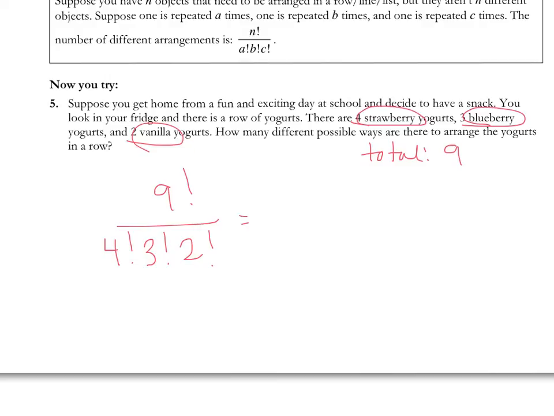Again, when you put this into your calculator, make sure that you type in the 9 factorial divided by, and then put this in parentheses. So let me do that out quickly. And you get 1,260.